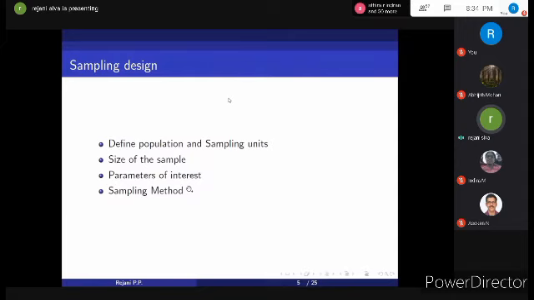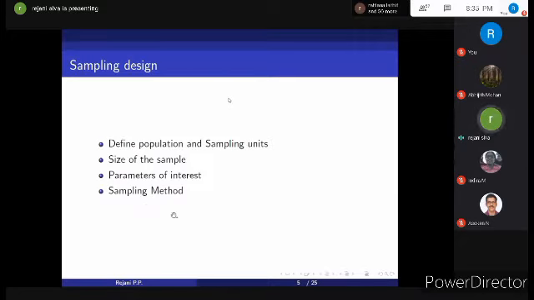We should fix the variables under study that are closely related to your objectives of the study, and decide which are the demographic variables, which are the clinical variables and non-clinical variables to be studied. At the same time, you don't need to collect information which is away from your objectives. That is very, very important. It is somewhat unethical. Sometimes it is seen that it's not ethical. That's why we are saying.